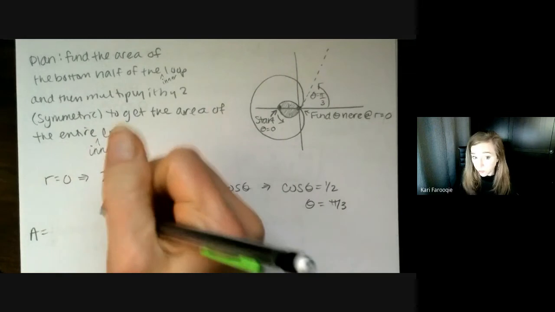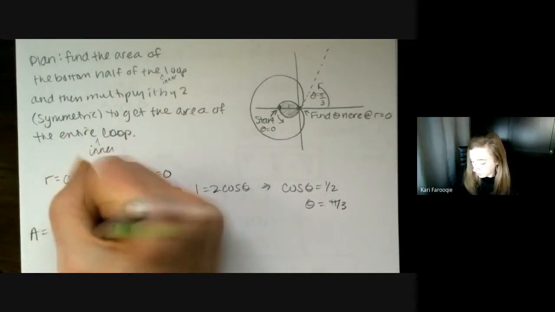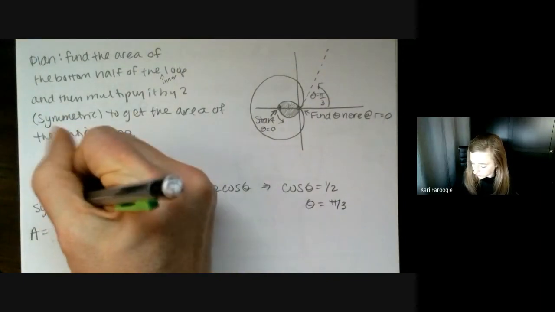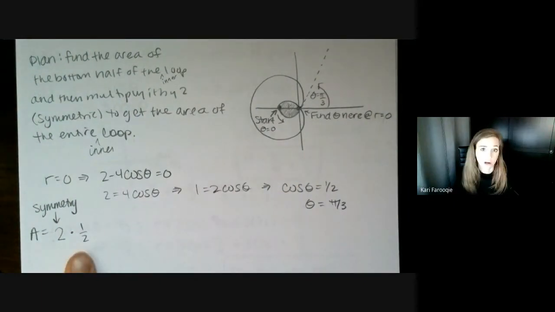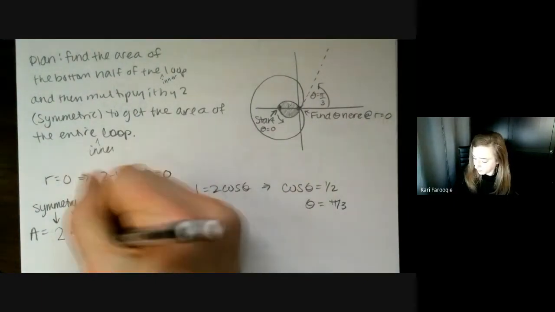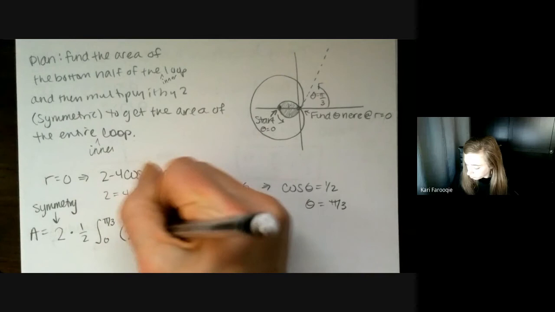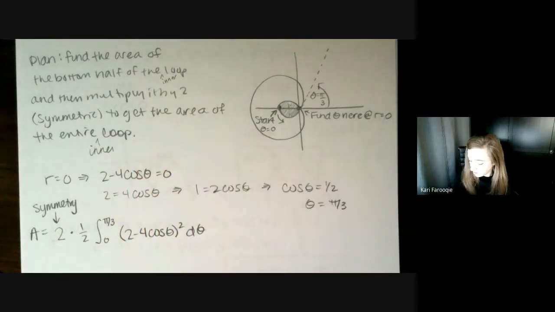Okay, so remember I said we were using symmetry. So I'm going to take twice our area. So this 2 comes from the symmetry. And the 1/2 comes from our area formula. So we're going from 0 to pi over 3. We're taking 2 minus 4 cosine theta, quantity squared, d theta.